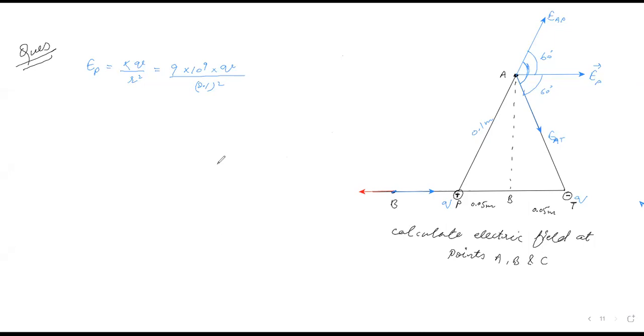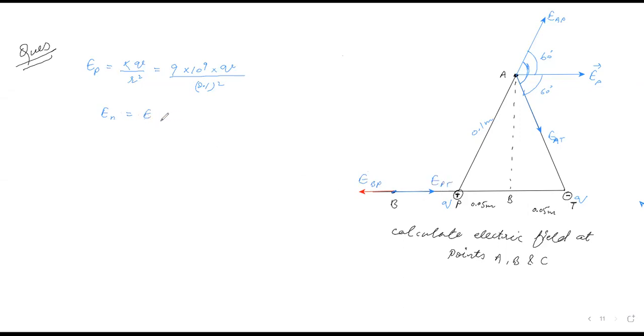In this case, what will be the net E? Can anyone tell me? Net E is E of BP and E of PT.